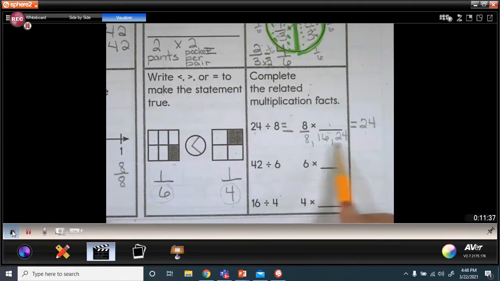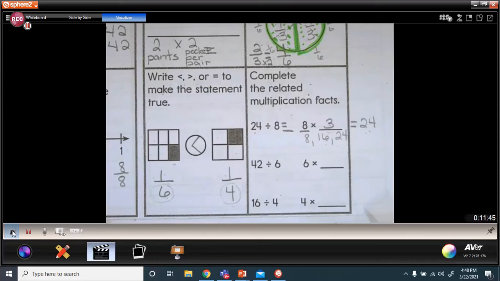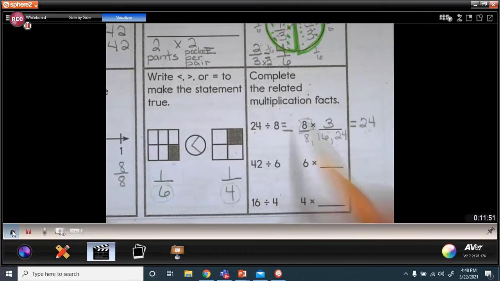So how many groups of 8 did I need to make 24? 3 groups of 8, or 8 groups of 3. So I could have even added 3s. But since I knew this factor, I could also use that as skip counting by 8s.